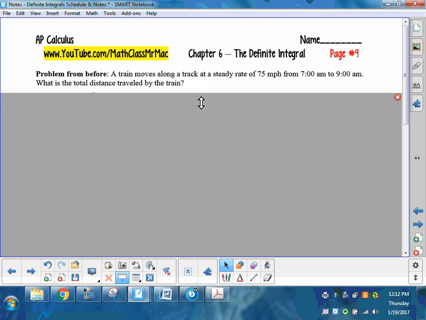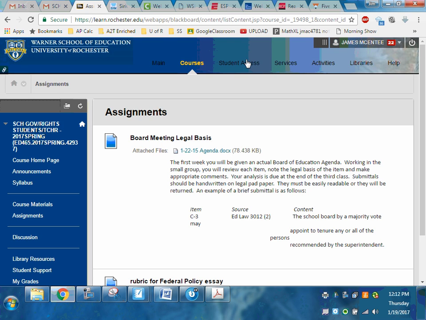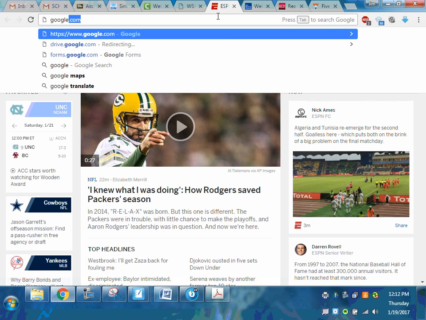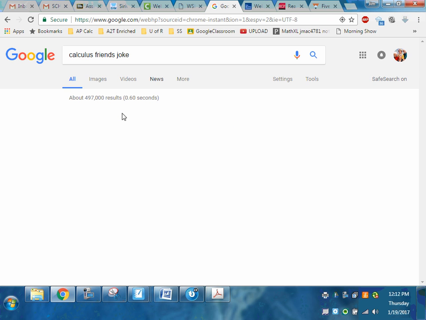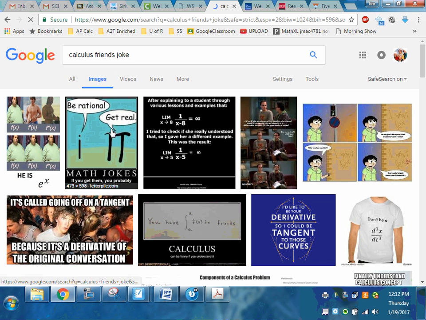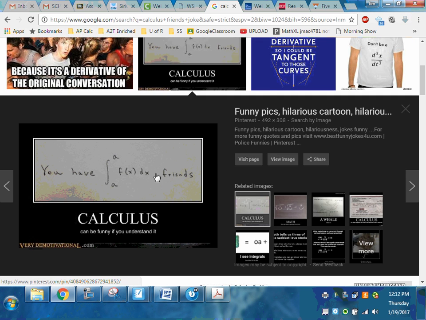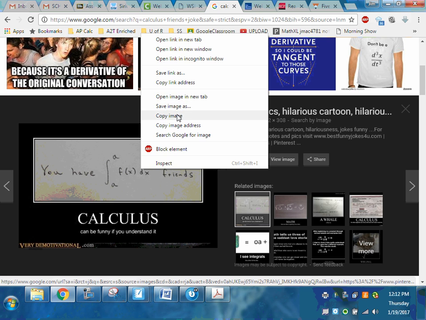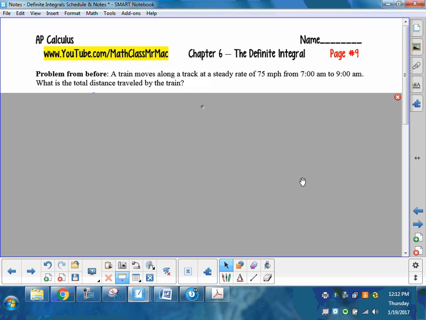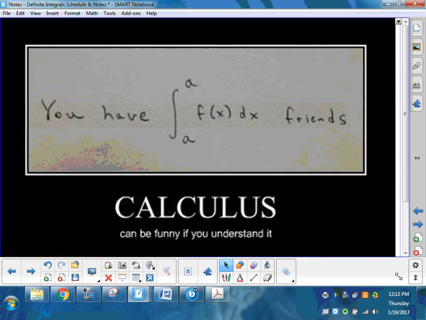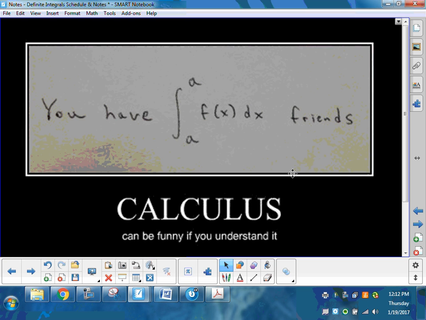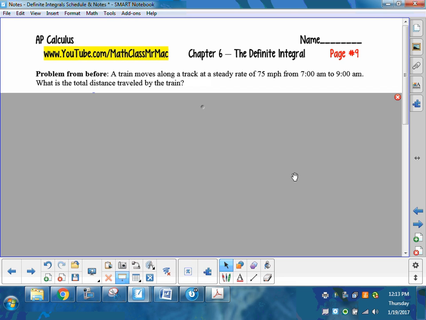Go through and write this out as an integral. What is that going to look like if we write this out as an integral?